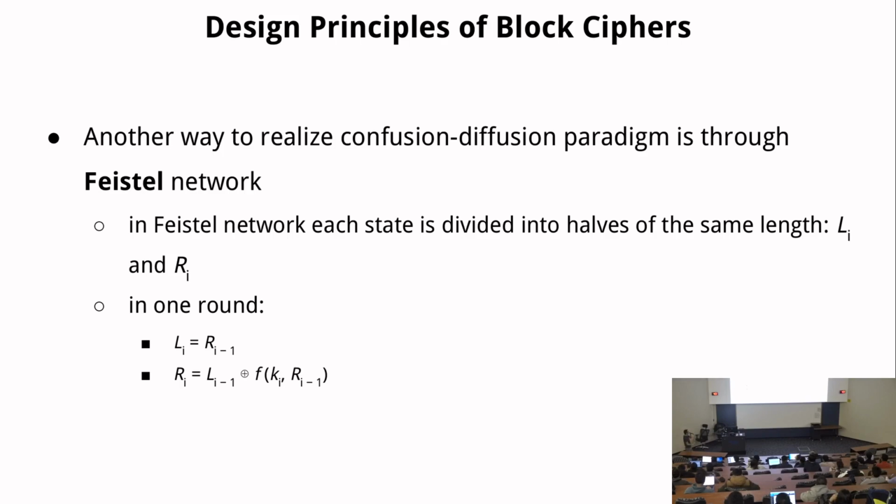So in each round, what we do is we first swap them. The output from the last round, the right-hand side, goes to the left-hand side of this round. Then the left-hand side from the last round is exclusive-ORed with the key, and the right-hand side goes through some Feistel function, okay?